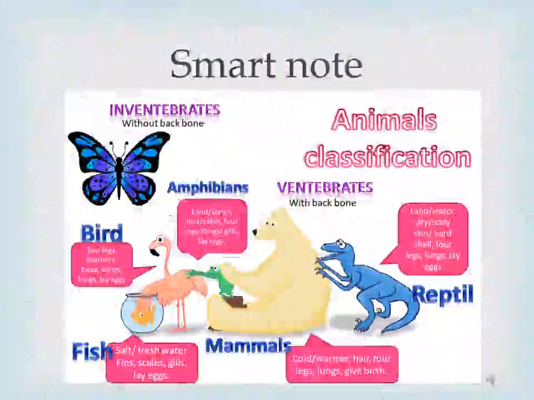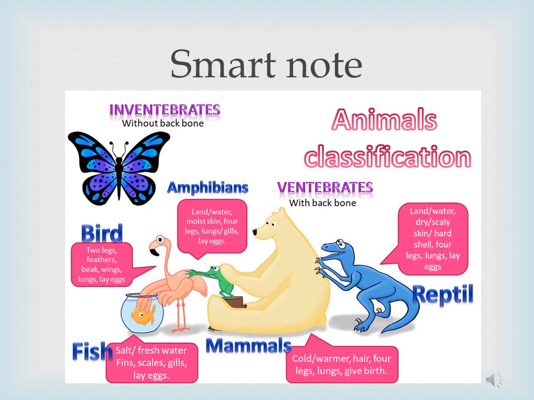To sum up all the things that we have learned, here we have our smart note. So remember, animals classification is so important because we can understand the animals, and from their characteristics we classify them into invertebrates and vertebrates. Vertebrate animals are divided at the same time into groups like amphibians, birds, fish, mammals, and reptiles.